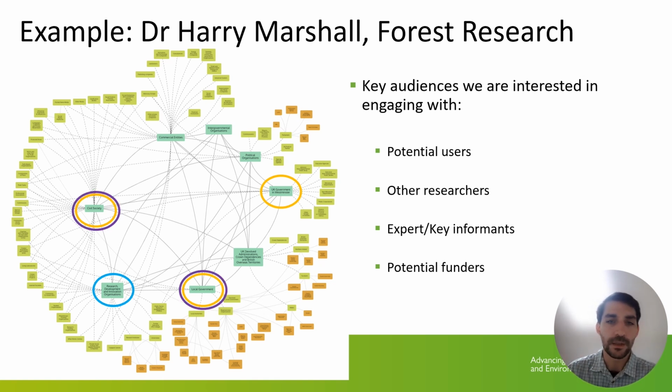There may also be expert or key informants or potential participants for future primary research, looking into the efficacy of woodland creation attempts and other ways of trying to reduce those barriers and increase those drivers.